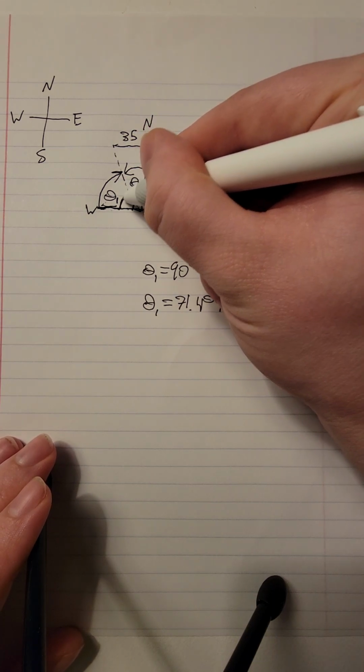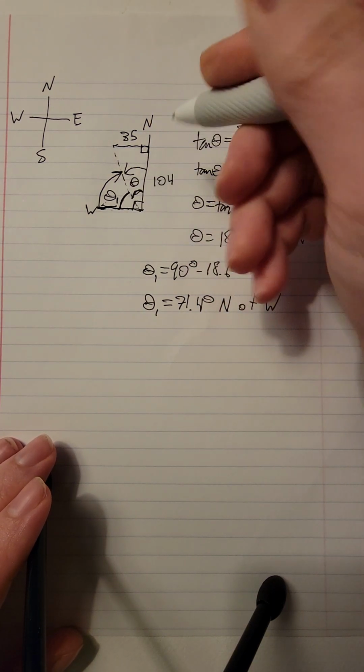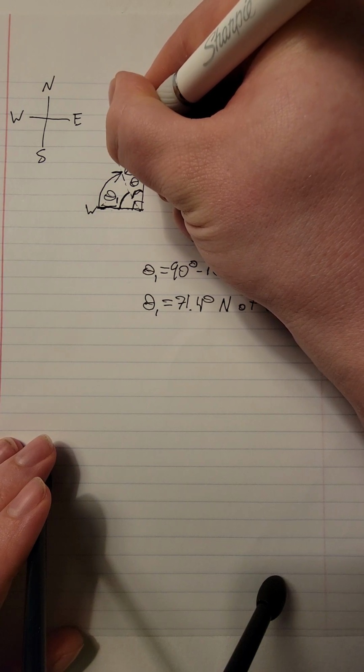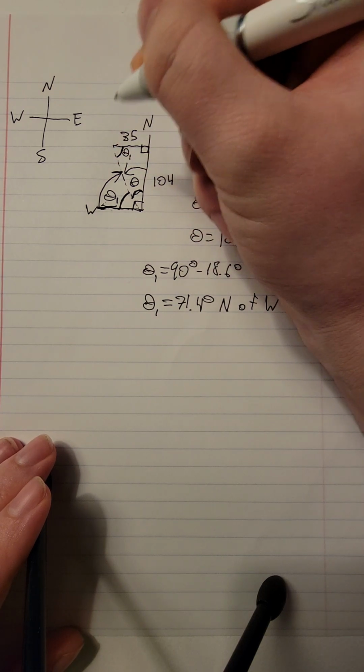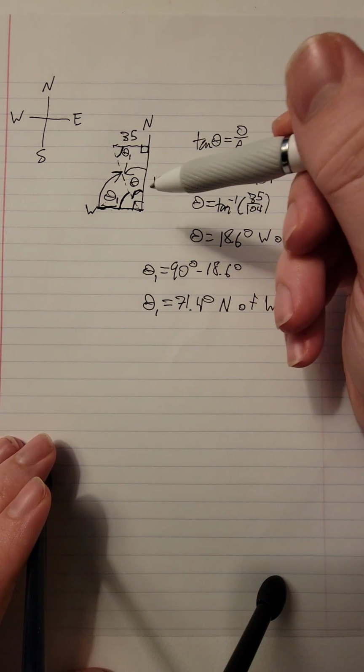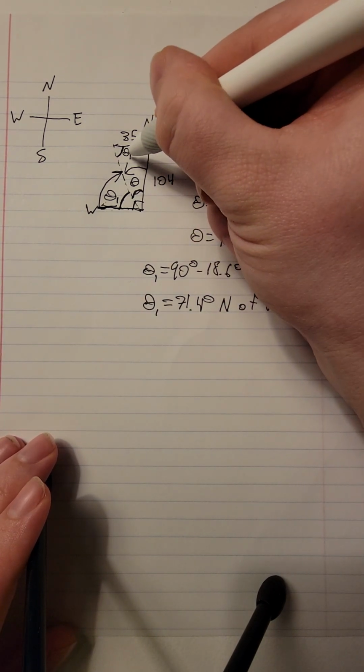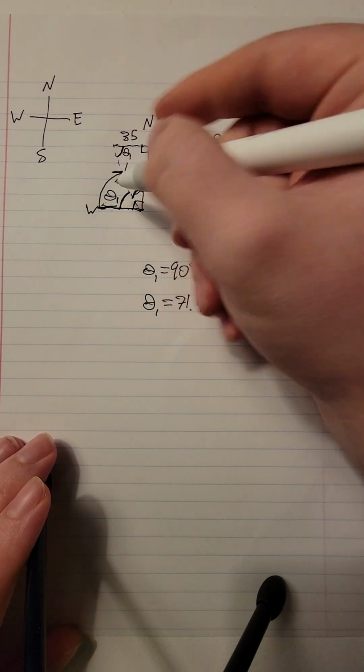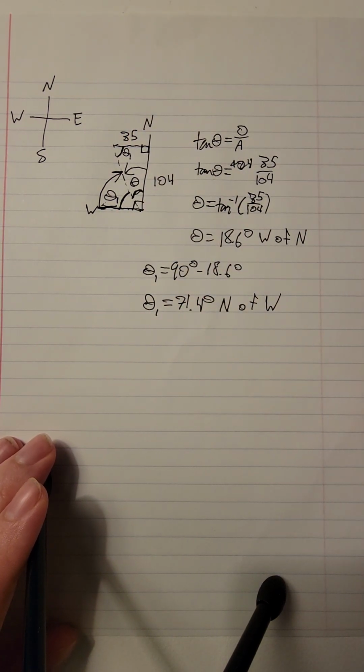This big angle down here is actually also the same as this angle up here. This one is also theta 1 because of how these two angles are complementary to each other. So if you solved for this angle instead, you would get the same answer as this angle down here.